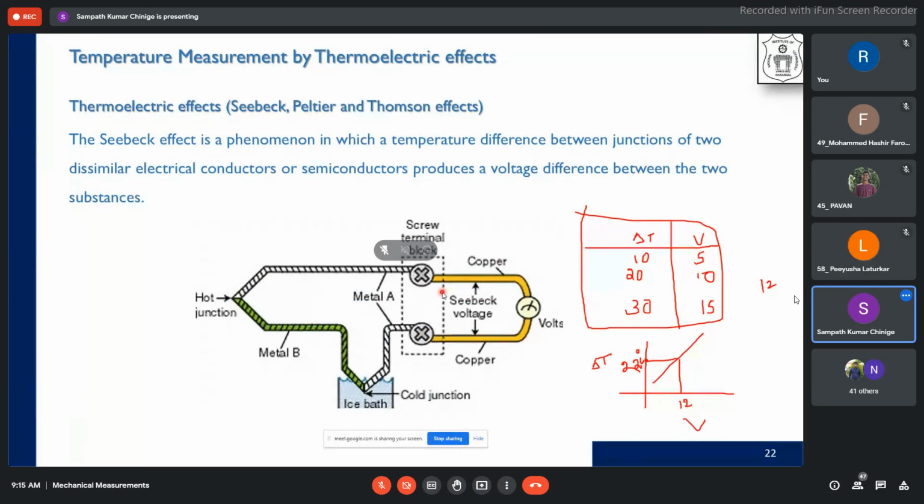So that's why we are not allowing any current flow through the circuit. In the Thomson effect, when there is a temperature gradient across the wires, obviously some EMF is altered because of that, and that is called the Thomson effect.